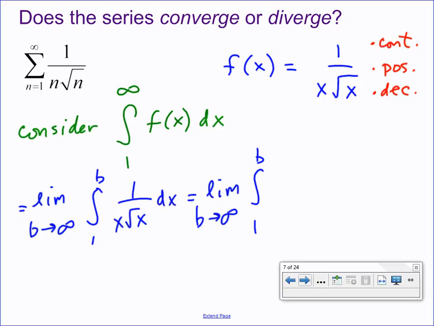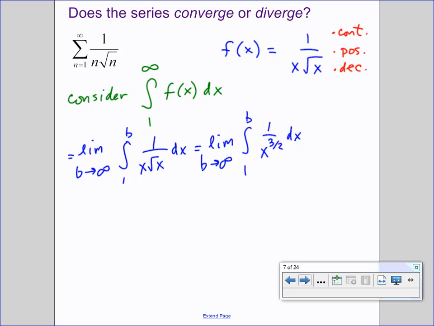So this is the integral of 1 over x to the 3/2 with respect to x. And by rewriting this with negative exponents, it'll be easy to apply my power rule to integrate this. Isn't this the integral of x to the negative 3/2? And we know that as long as my power isn't -1, I can use the power rule.